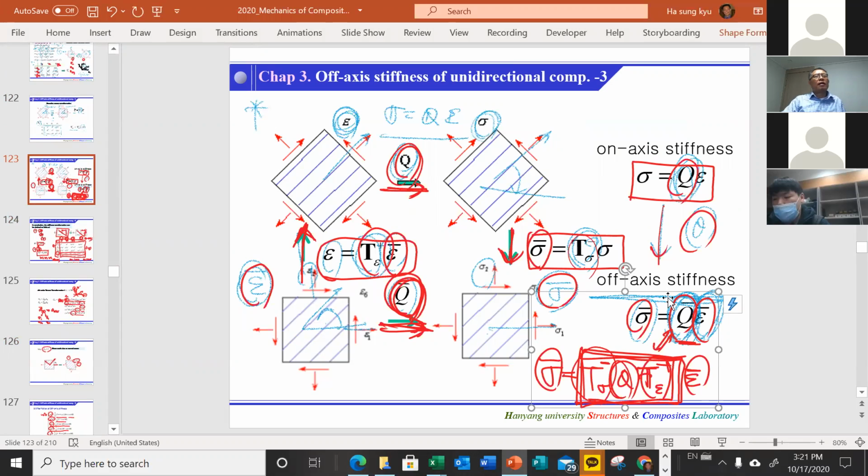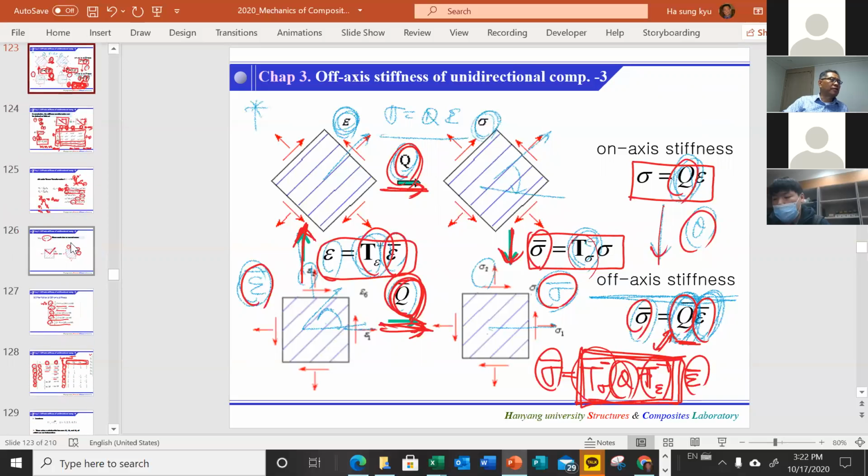Given on-axis, now we'd like to calculate the off-axis stiffness. You need to understand the definition of strain and stress in off-axis. You will understand why this derivation is so critical in composite analysis.